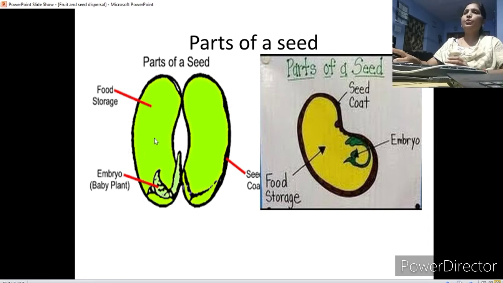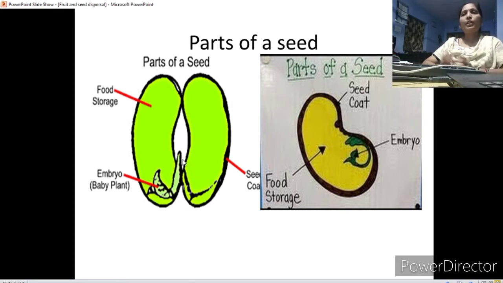In rice, how many cotyledons will be there? A single cotyledon. Sorry, you can open a groundnut into 2 parts, whereas rice we cannot open into 2 parts. So rice belongs to the monocots and groundnut belongs to the dicots.